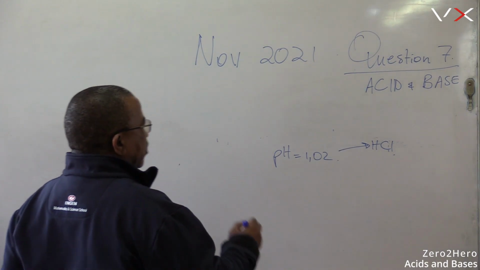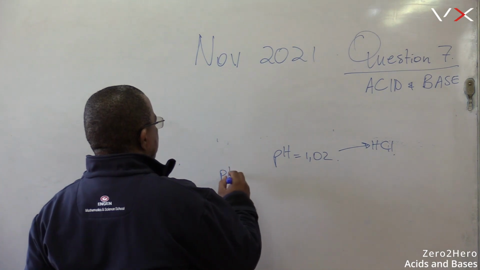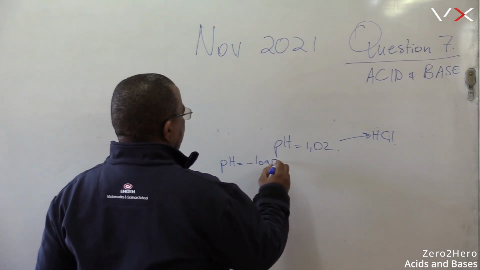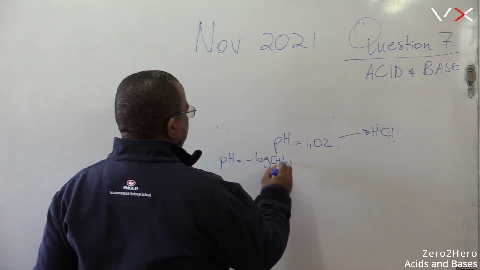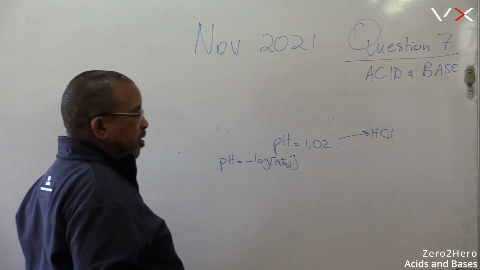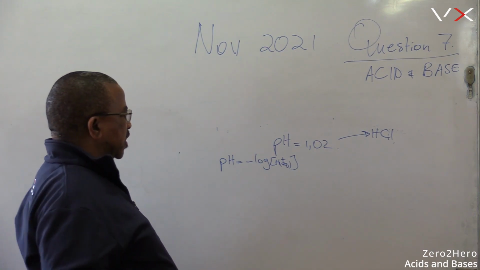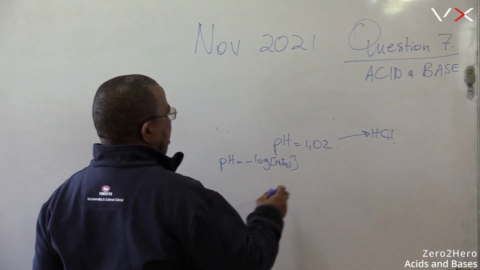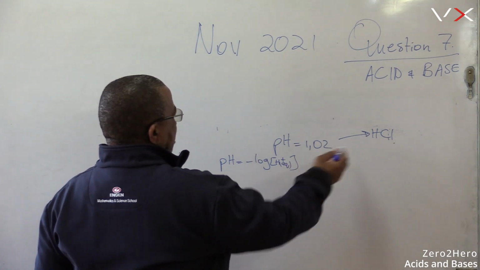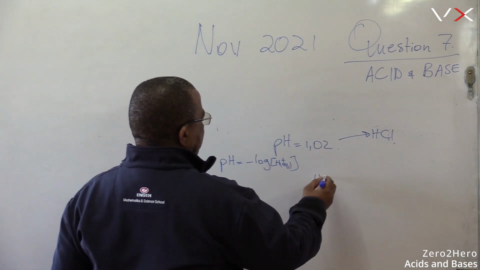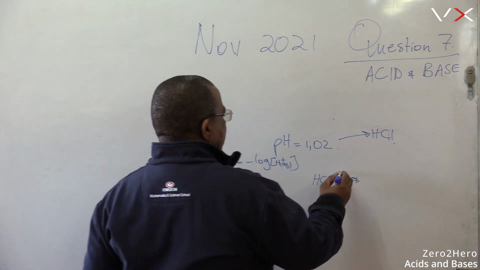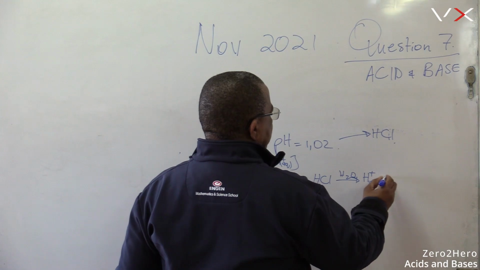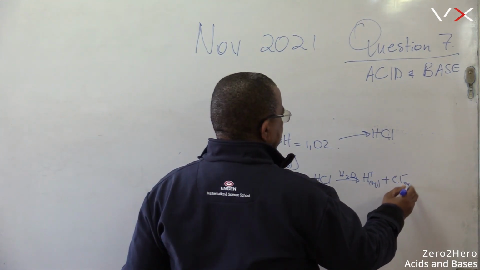So now the concentration. pH is minus log the concentration of H plus aqueous. Then we know that HCl in water forms H plus aqueous and Cl minus aqueous.